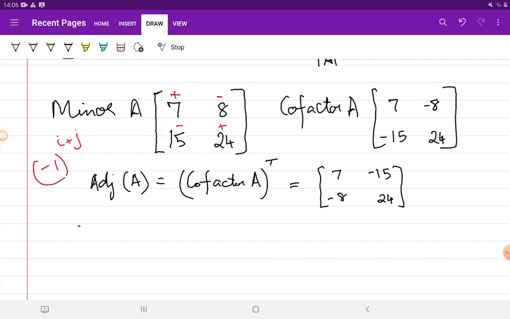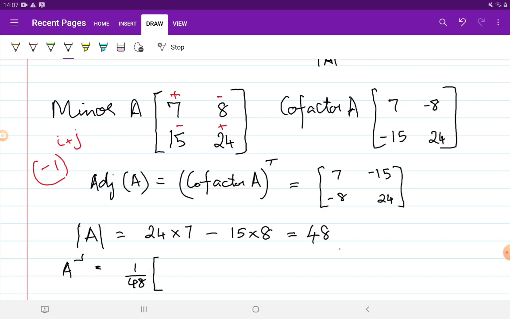Since it's a 2 cross 2 matrix, the determinant of A is 24 into 7 minus 15 into 8, so that comes up to be 48, which means A inverse is equal to 1 by 48 multiplied by adjoint A, which is 7, minus 15, minus 8, 24.